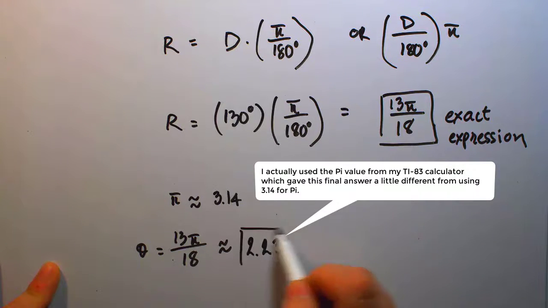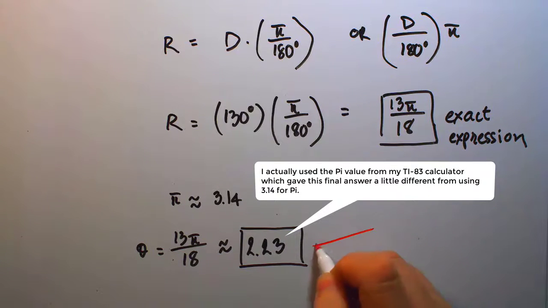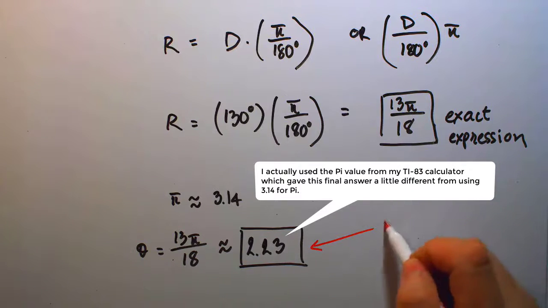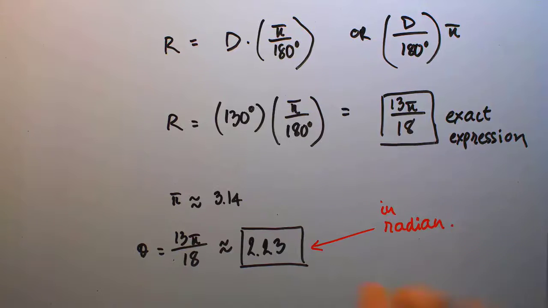From now on, after seeing this example, you can realize that a lot of times radians can also be expressed as a decimal. You don't necessarily see the pi associated with it, but this is already in radians.